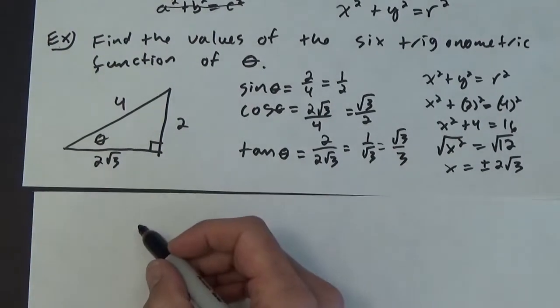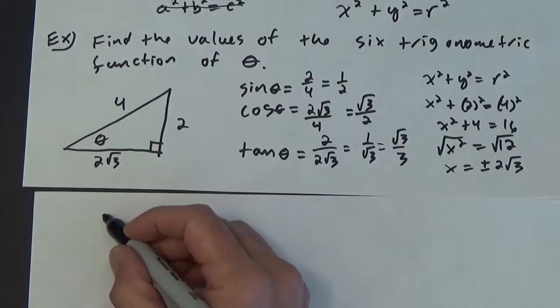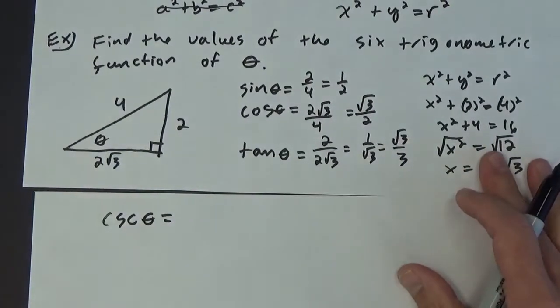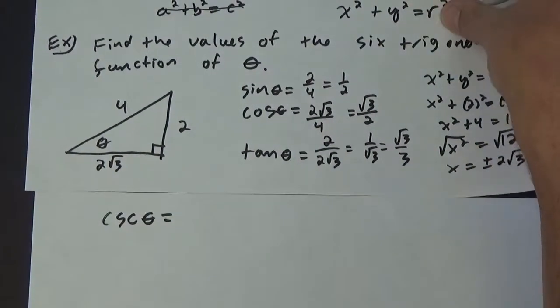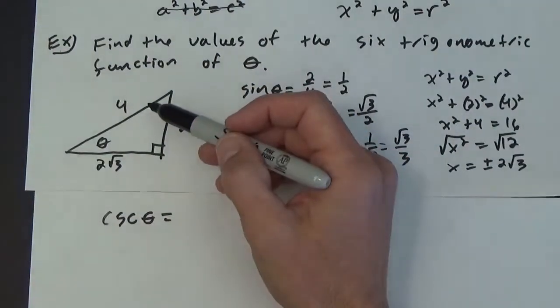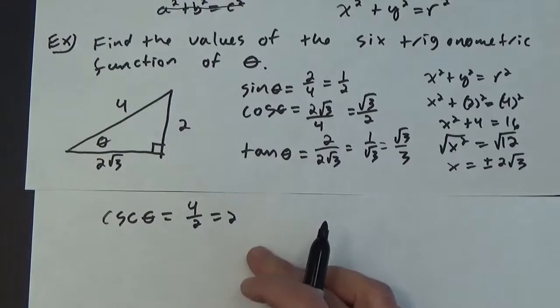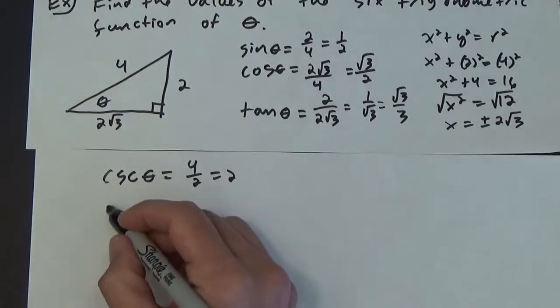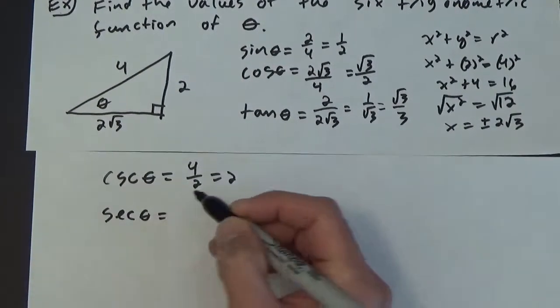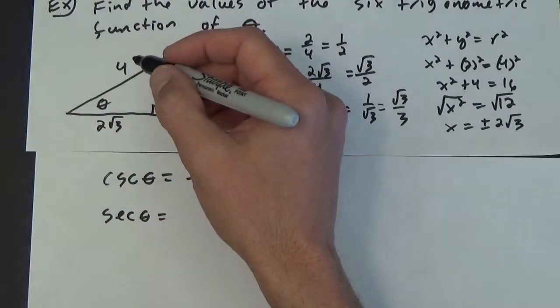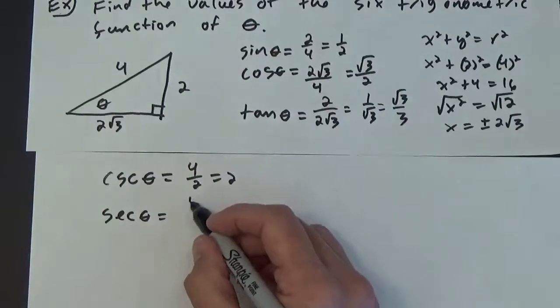Right, so the next one we need is the cosecant. Right, cosecant, if we go back up here, is r over y. So that's 4 over 2, which is 2. The secant is r over x, which is 4 over 2 square root of 3.